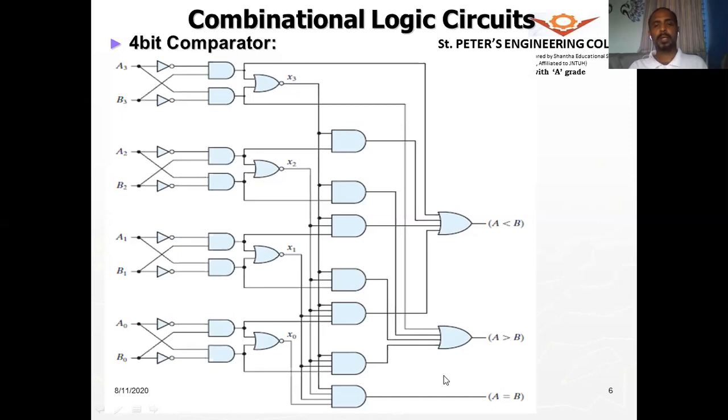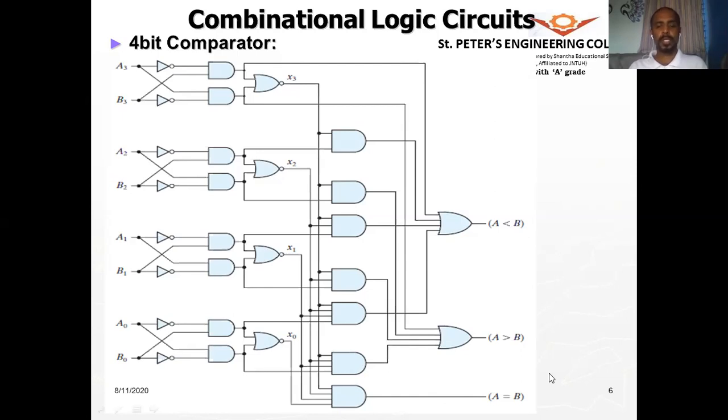And you see that when any of these bits are greater, then we say A is greater than B. If any of this bit is true, then we say A is less than B or B is greater than A. So therefore, this is how the 4-bit comparator circuit works. All right.